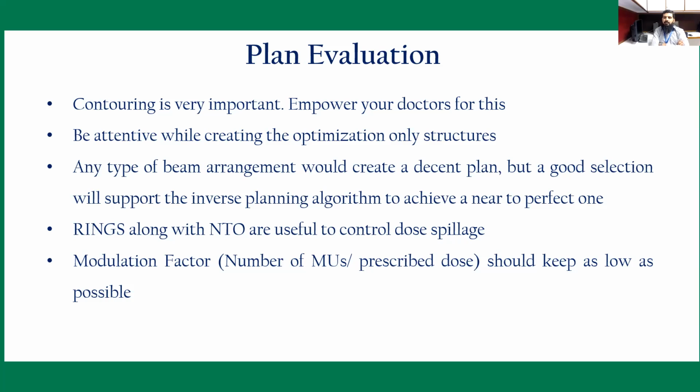But in VMAT, according to our observation, it is around 4 to 5. Sometimes, if the constraints are not so tight, the modulation factor is around 3 to 4. But normally we have 4 to 5 as the modulation factor for VMAT. So there's a significant decrease in this factor if you are switching from IMRT to VMAT.